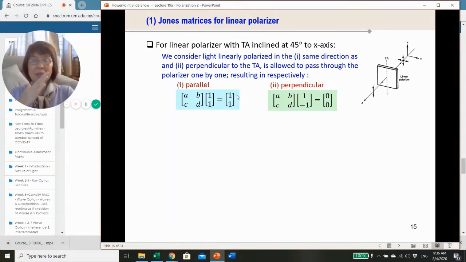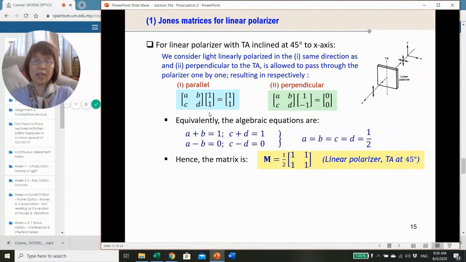If you allow another polarized light which is perpendicular to the transmission axis of the polarizer, that would be inclined at negative 45 degrees, so that is (1, -1). So you will get no output, (0, 0).